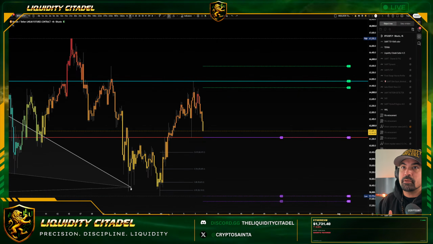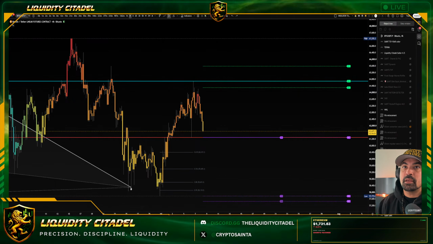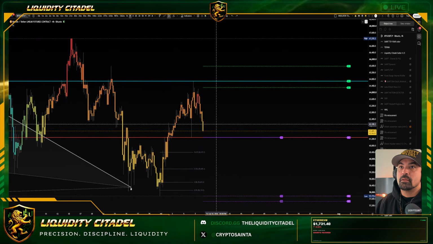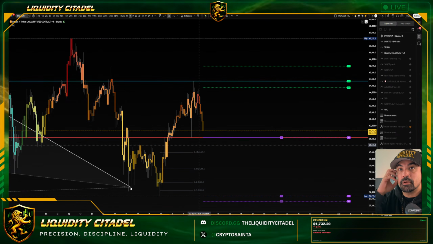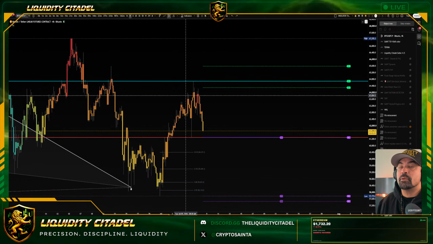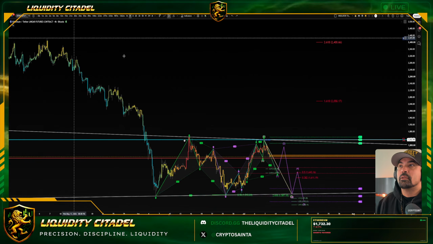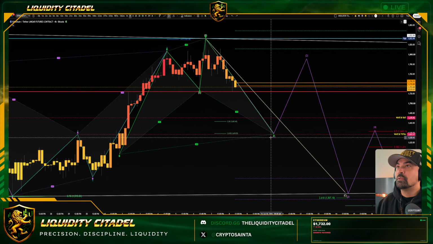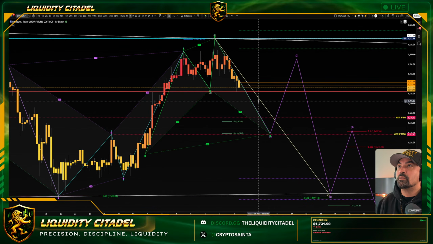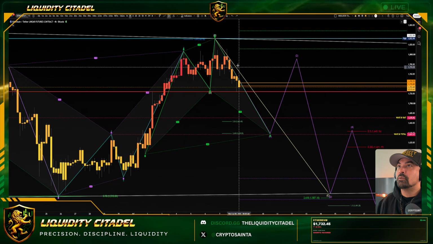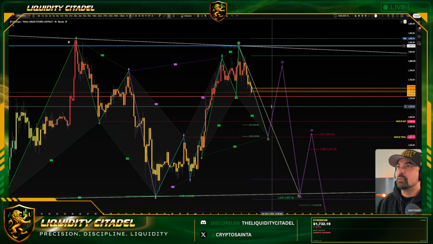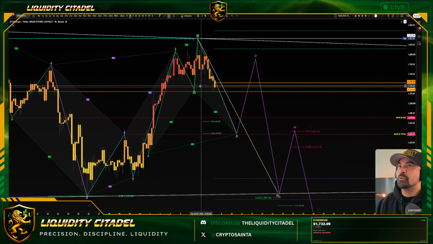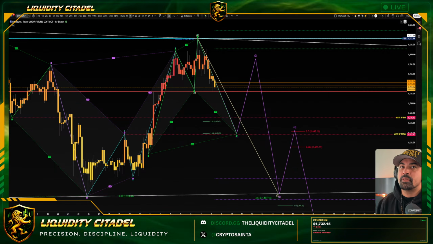Correction out to 0.5 around 1768. So you're talking about ETH here. Somebody was mentioning they were expecting a correction up to the 0.5 fib around 1768. I'm not sure how you're measuring that. I'm going to assume you're measuring from here to here, and I could be wrong, but I'll look at it.